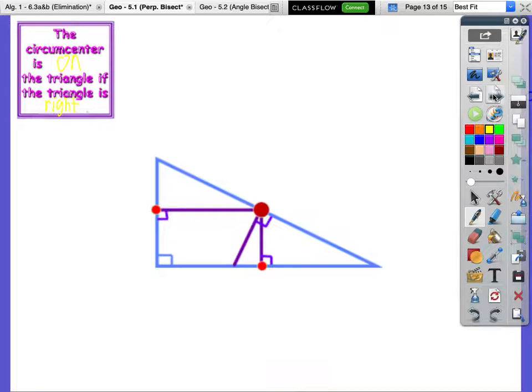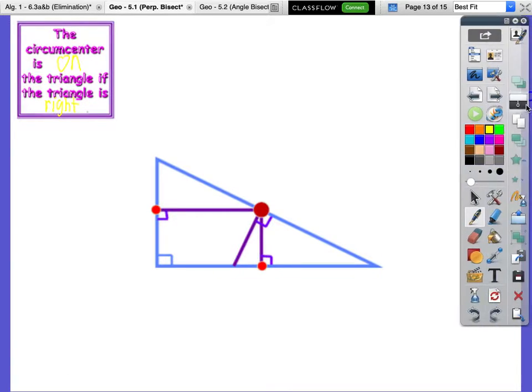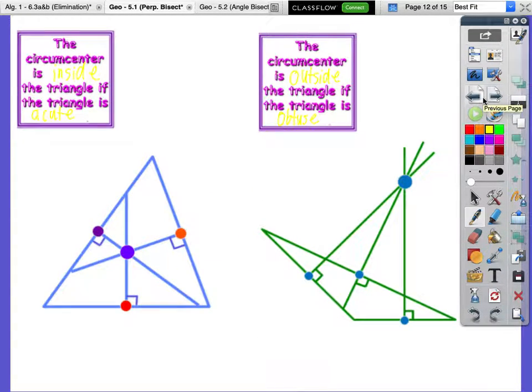So we're gonna say the circumcenter. If we do this, what is that? It's off. I need one of these to work out better than this for this to work.